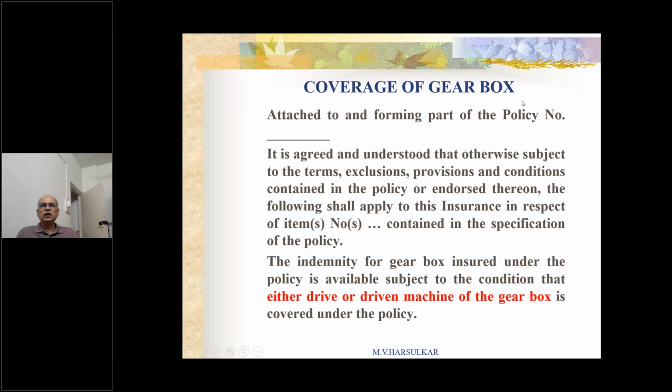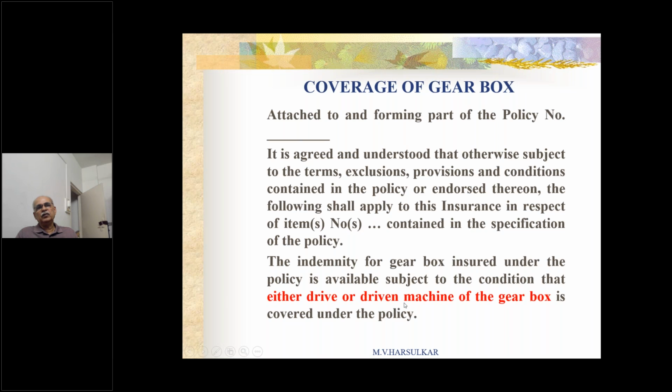Then coverage for gearbox. As I told you, a gearbox is not a machine by itself. The only thing is it is allowed to be insured separately as a separate item. So if you have to cover it, this is the TSC decision: it can be covered either with the drive machine or the driven machine.